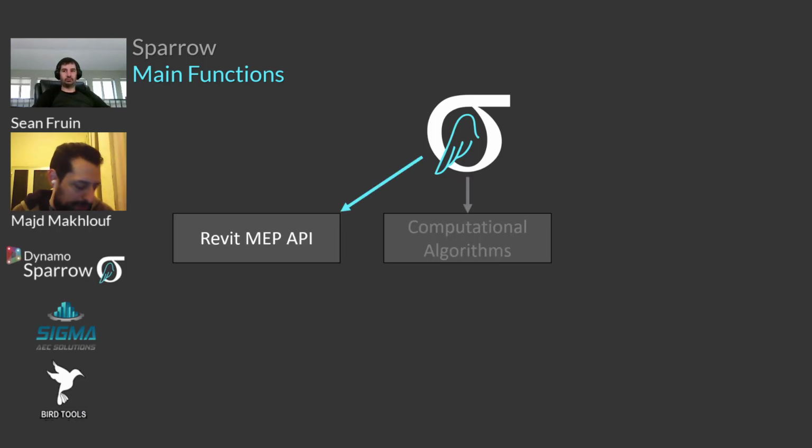As an MEP engineer, I always felt that there's a lack, whether with built-in Revit functionality or with Dynamo built-in nodes. We always feel that there is more focus on architecture or structure than on MEP. So one of the goals was to expose as much Revit MEP functionality that is featured in the API to the public through Dynamo nodes.